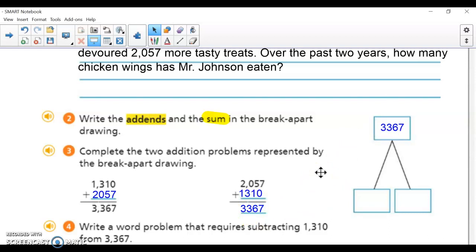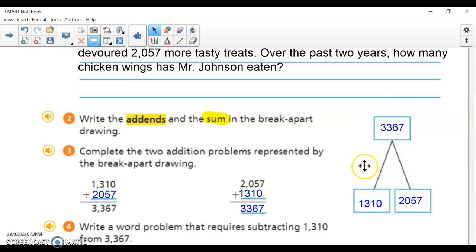The sum was 3,367. You have two addends in this problem. These are the two numbers that I had to add, the amount of chicken wings that I ate, right? So 1 year was 1,310. That's one of my addends. And then the other year is 2,057. So those are my two addends, and you can see they combine together to get to 3,367.